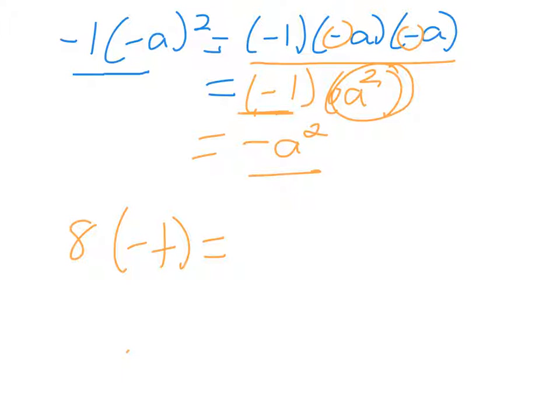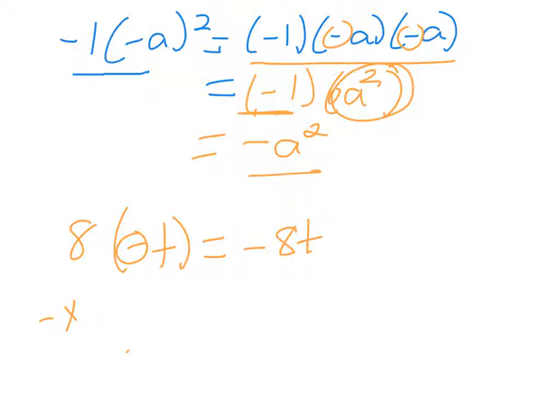So we can continue simplifying. We have 8 times negative t. We know that simplified that's going to be 8t, and there's 1 there, so that will be negative 8t.